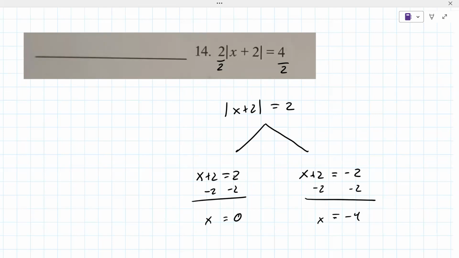Oh, hold up. Okay. 0 here. x equals 0. x equals -4. Okay.